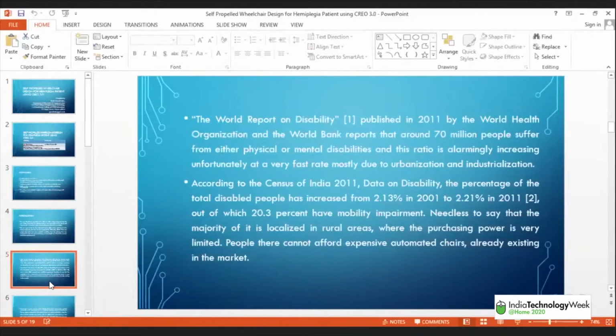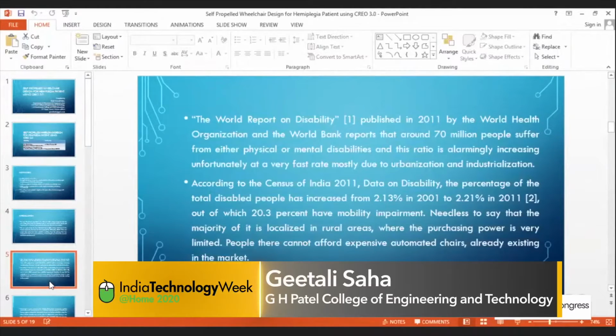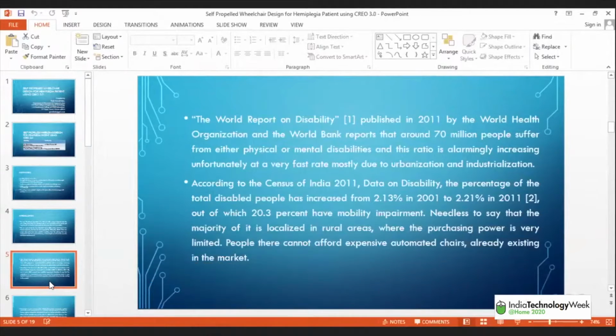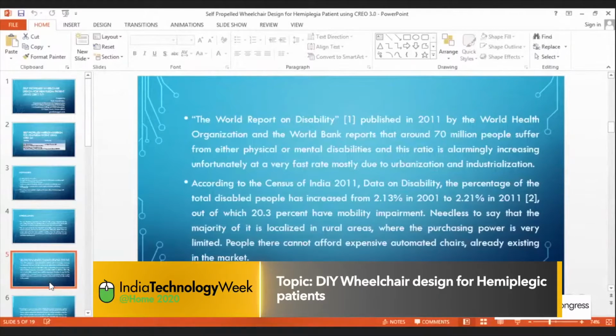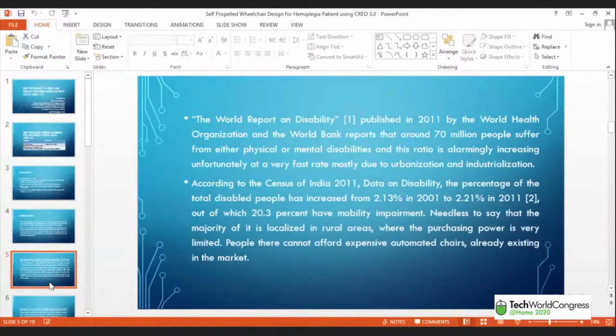If you look at the World Report on Disability, the latest that we had available at the time of publication of our paper was in 2011. It turns out to be around 70 million people who suffer either from physical or mental disabilities. And not only that, there has been a critical increment from 2.13% in 2001 to 2.21% in 2011.